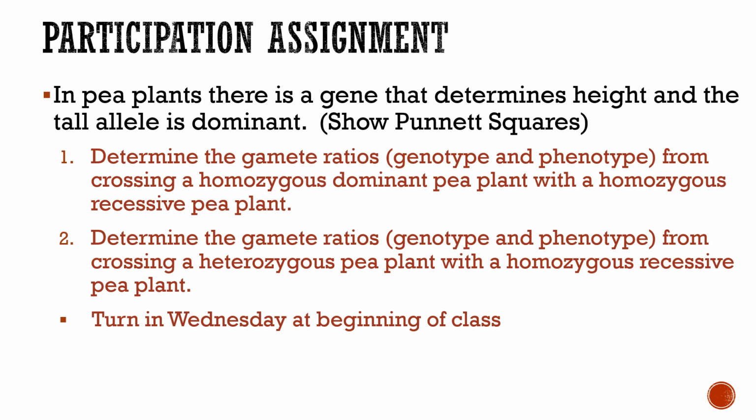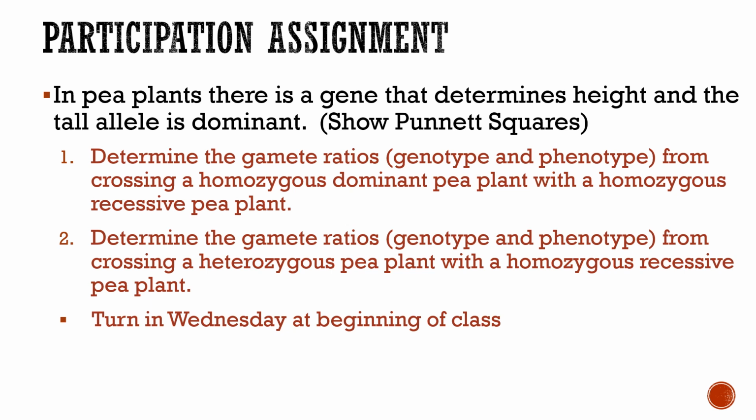All right, so for your participation assignment, so again, with pea plants, there's a gene that determines height. This is not the case in humans, but in plants, there's one gene that determines whether the plant is tall or short. And the tall allele is dominant to the short allele.